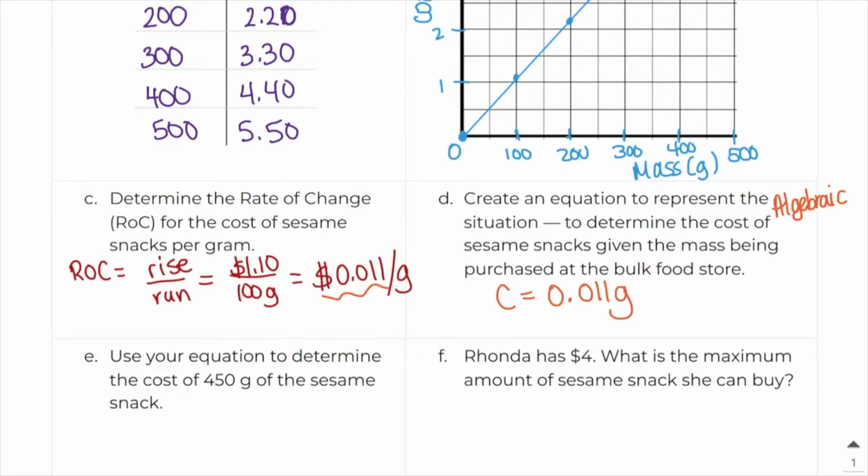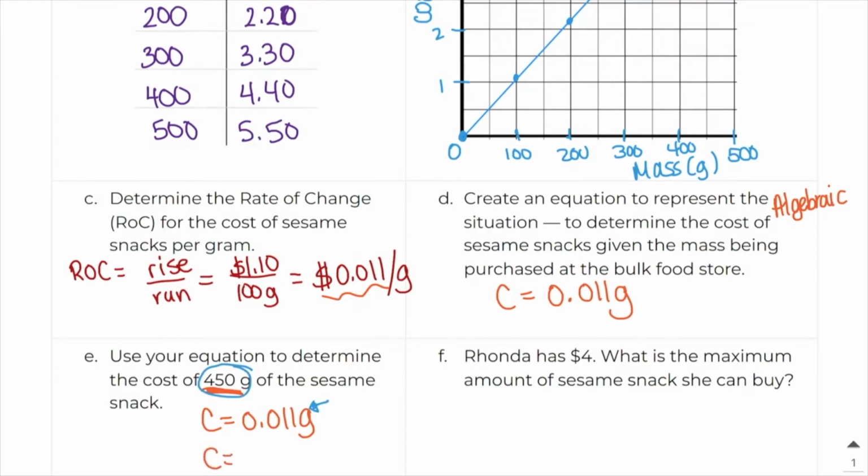Okay, in part E, it says use your equation to determine the cost of 450 grams of the sesame snack. So here we know that this right here represents the G. So it asks us to use our equation. So we start by writing down our equation. And now we know that the G right here is 450. So every time I see a G, I'm going to replace it with 450.